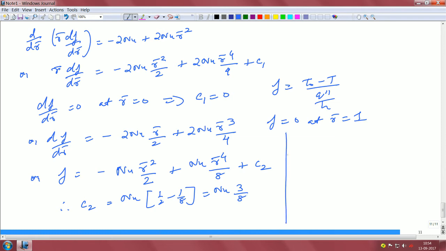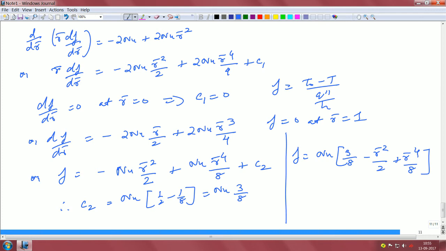So the total form of f will be Nusselt number times 3 by 8 minus r square by 2 plus r to the power of 4 by 8. That will be the total expression for f, because f is the thing that we have to solve, utilizing the boundary conditions that we just mentioned: f prime is equal to 0 at r bar equal to 0 and f equal to 0 at r bar equal to 1.